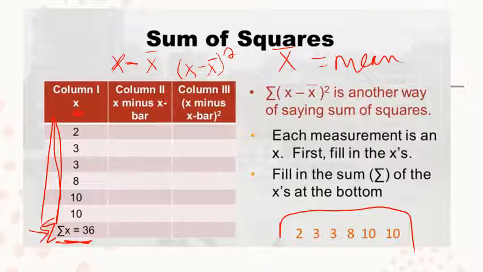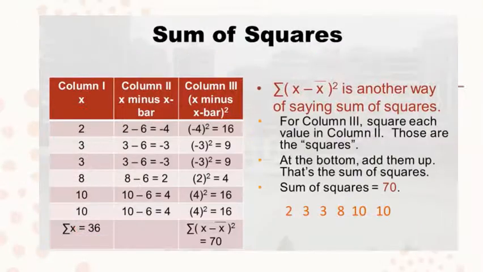Anytime you see that, remember, you're summing up stuff. So basically this is the total right there. Next, what we're going to do is go through the entire table, each little box, and just fill it in.